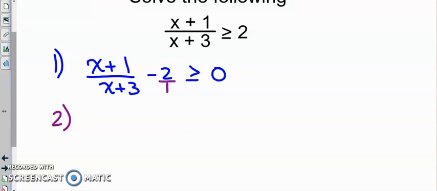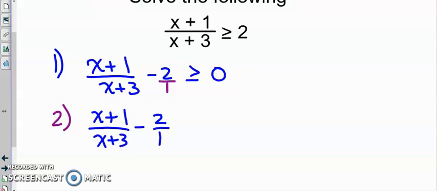So with this, it's understood to be 2 over 1. So here, we're going to do x plus 1, sorry, let's do it in blue, x plus 1 over x plus 3. And we're going to multiply this other part here so they have the common denominator. So it means you have to multiply this by x plus 3.